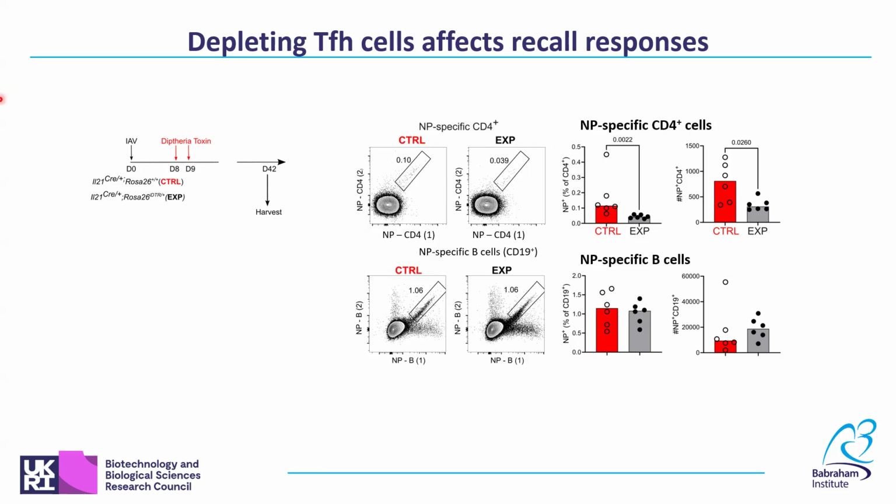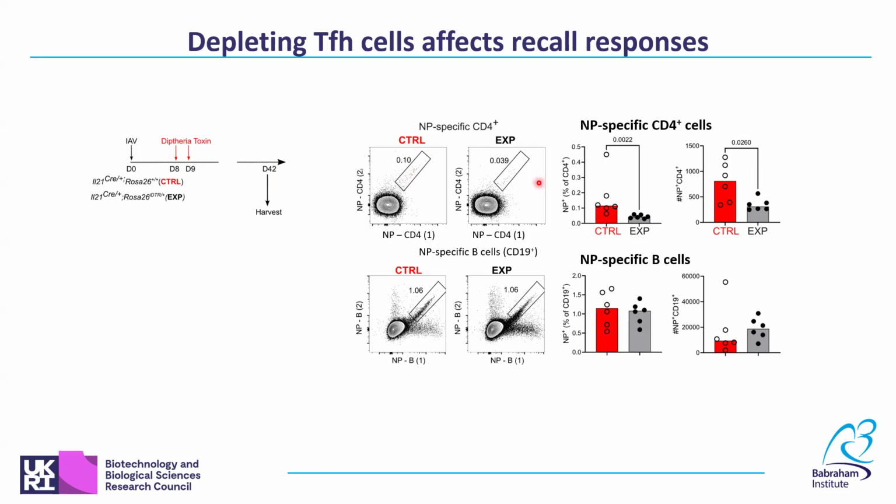So here we've given our mice flu infection, and then we've given them diphtheria toxin at the peak of the germinal center response, so days 8 and 9. And then we've looked 6 weeks later to see what are the proportions of antigen-specific T and B cells. How has disrupting that germinal center all those weeks ago affected these cells?